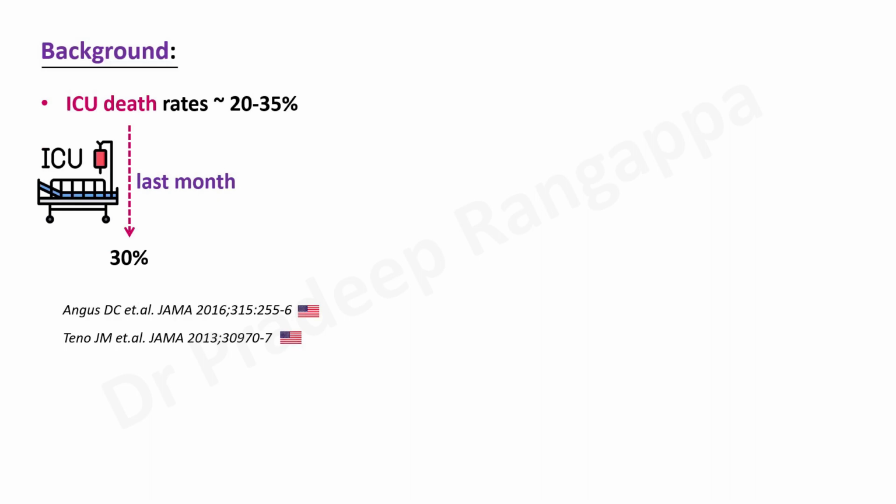So this percentage is increasing. Up to 30% of people are spending the last month before death in ICU, and it is becoming important that palliative care needs are addressed for this group of patients.